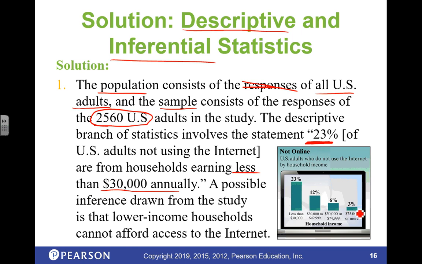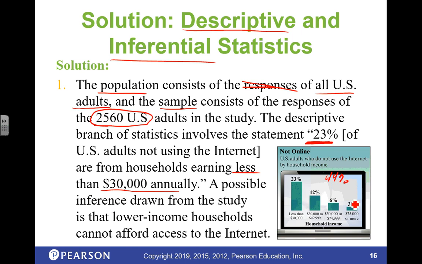Now notice if we add these together, this is, let's see, 35, 41, 44. This only accounts for 44% of the people sampled. So there are other reasons out there why people don't use the internet. It could be that they're not interested in using the internet. It could be that they live in rural areas where they don't have access to the internet because the internet is just not available there. Maybe they don't have time.